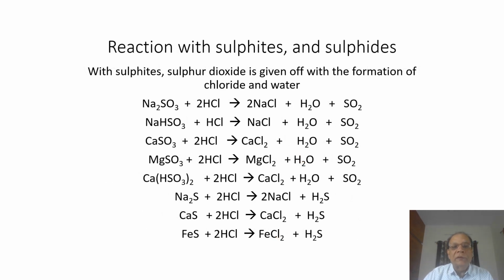Reaction with sulfides. Sulfur dioxide is given off with the formation of chloride and water. So in these reactions where you will see sulfides and bisulfides, I have taken 2 sulfides, sodium sulfide and calcium sulfide, alongside magnesium sulfide and hydrogen sulfide of sodium and hydrogen sulfide of calcium.